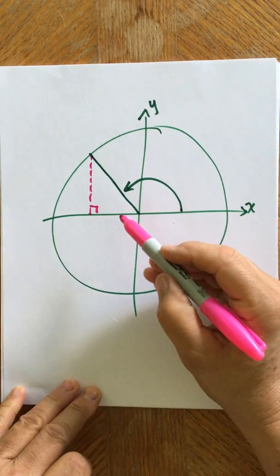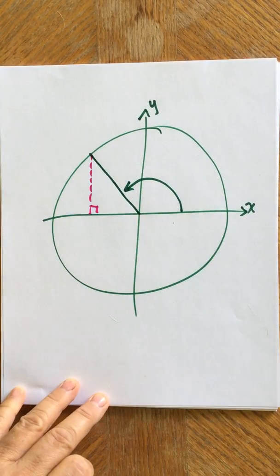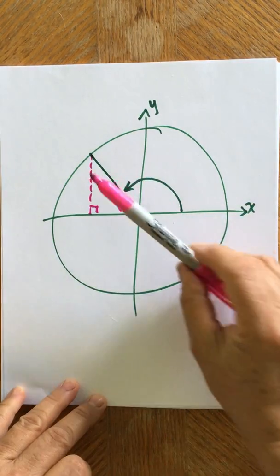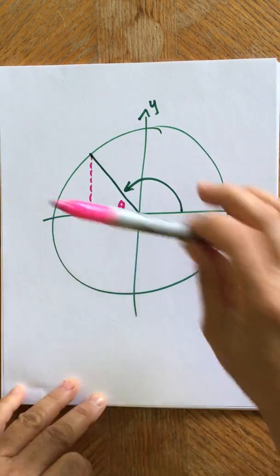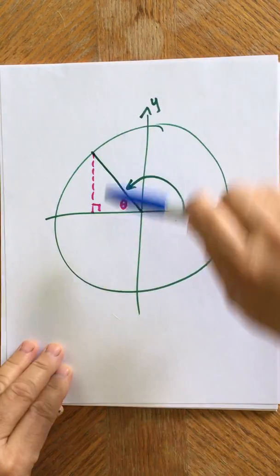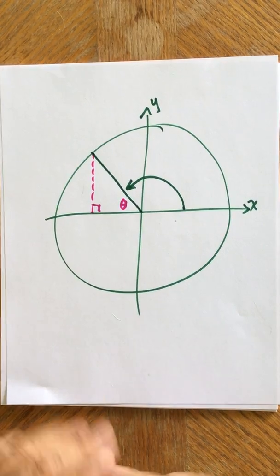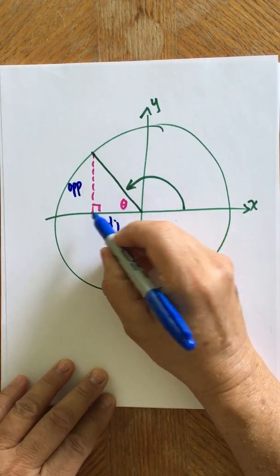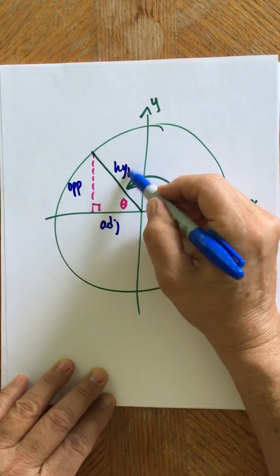So this is your reference right triangle, and your reference angle is right here between the terminal side of the angle and the x-axis. Relative to this angle theta, opposite is here, adjacent is here, and always across from the right angle is the hypotenuse.